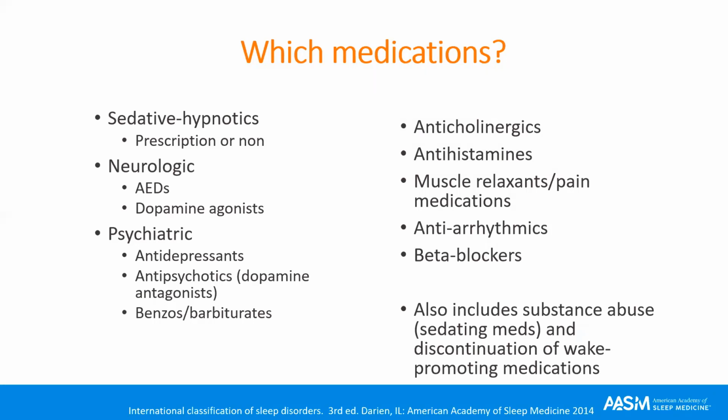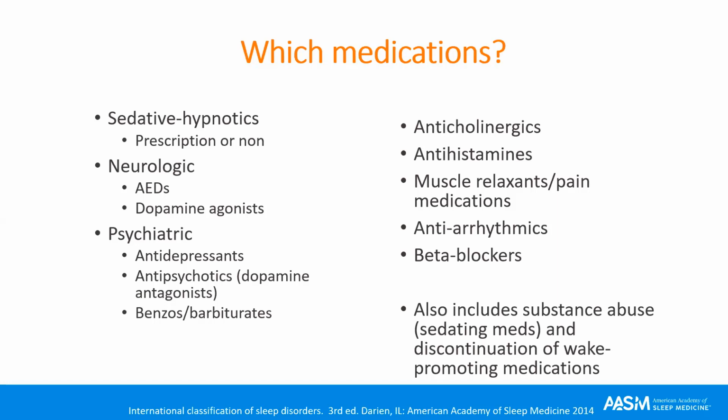So of course, sedative hypnotics, but lots of neurologic disease drugs, the anti-epileptic drugs, dopamine agonists are very sedating, especially at the doses that they're used in for Parkinson's disease. Psychiatric medications, the antidepressants, the antipsychotics, the benzos, the barbiturates, all can be sedating, but also anticholinergics and antihistamines and muscle relaxants and so on.